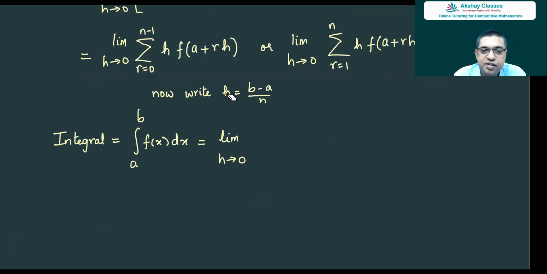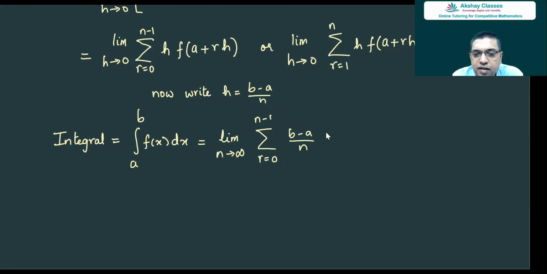Now h tending to 0 means n tending to infinity. So now I get an infinite series. Sigma r equal to 0 to n minus 1, b minus a upon n times f of a plus r times b minus a upon n.